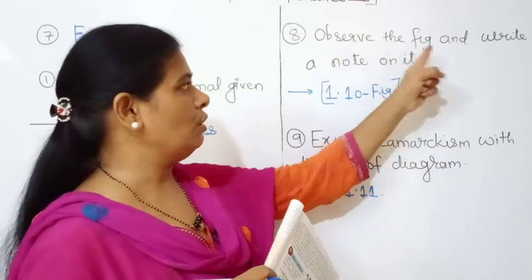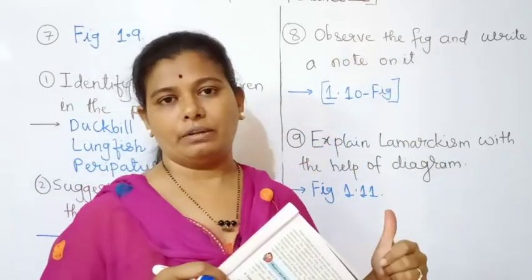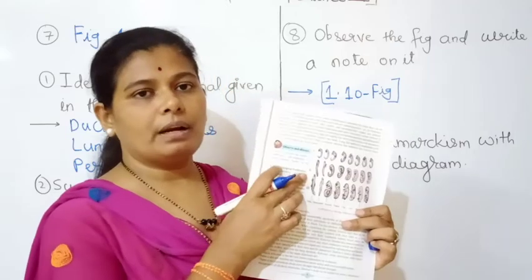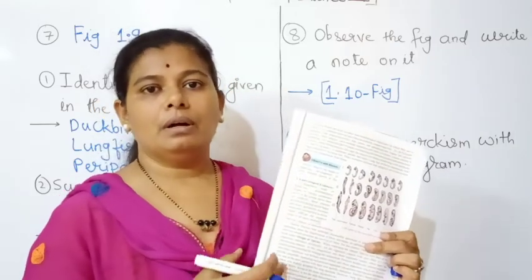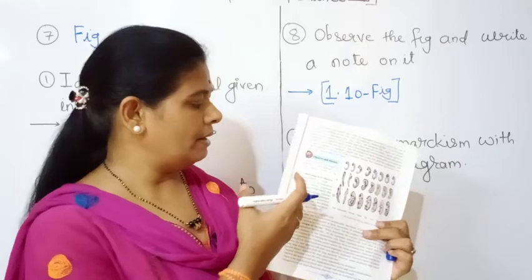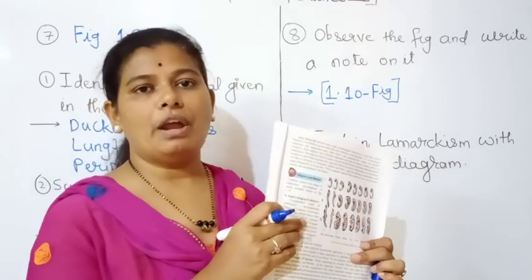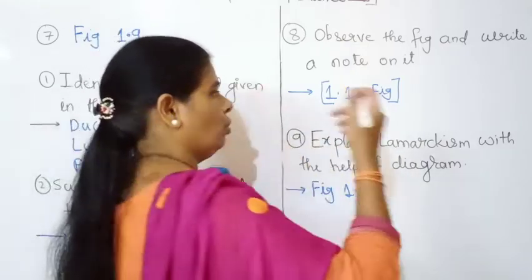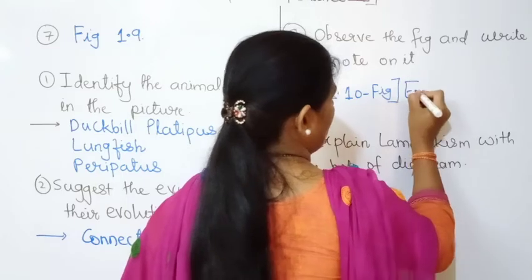So you have to observe the figure and write a note on it. Okay, so what is the diagram? The diagram is regarding embryos, so you can write about the embryological evidence. You have to write a note on the embryological evidence.